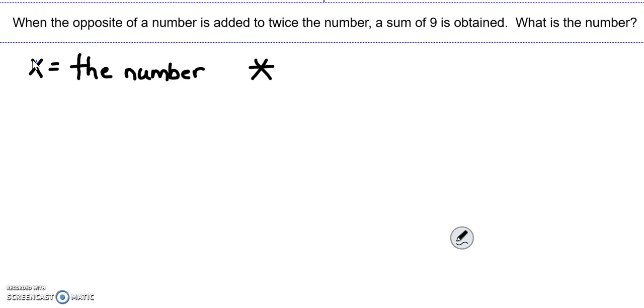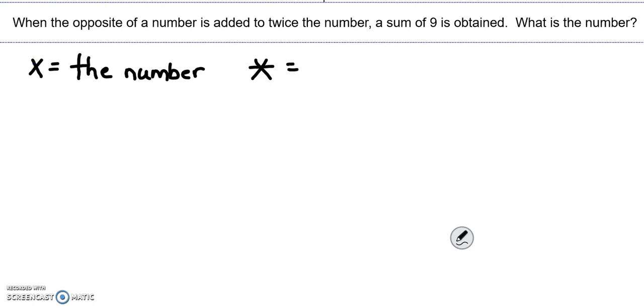You could say it's not the number. No, not really the number. Exactly. It is the exact opposite of whatever x is. So if x is the number, then star is what? The opposite of the number.